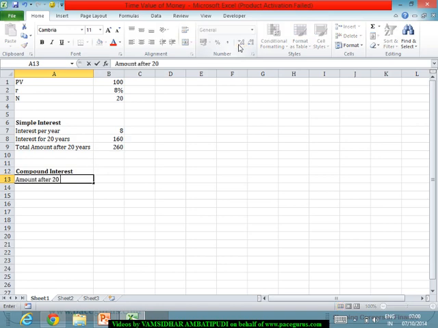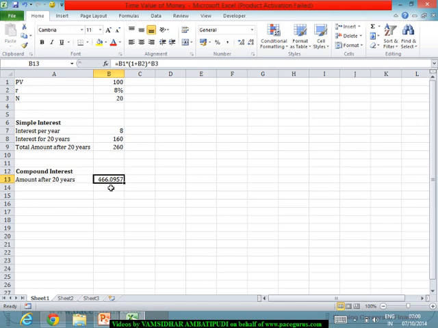Amount after 20 years in case of compound interest is going to be the present value times 1 plus r to the power n. So this is working out to almost 466. You see that there is a great increase in the amount. So just that interest on interest has created another 200 odd bucks just with the compounding over time.